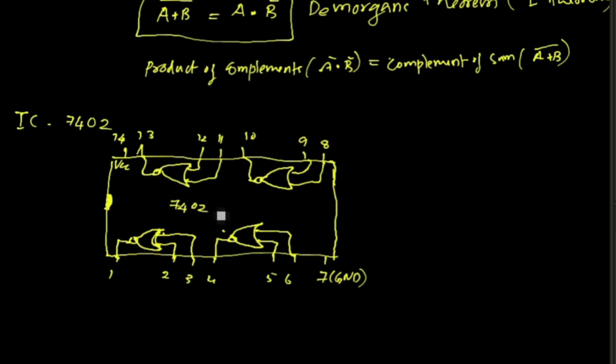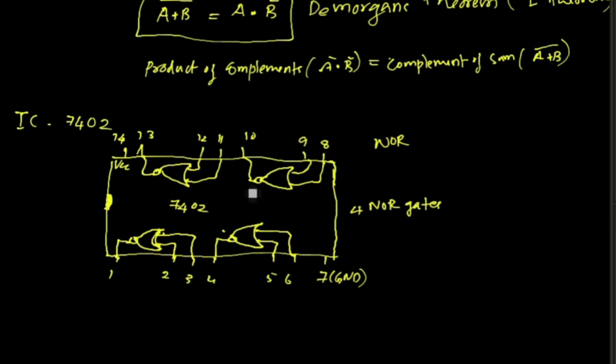This is 7402. So 7402 is a NOR gate IC with 4 logical NOR gates. This is the pin diagram of the IC 7402, which contains 4 logical NOR gates.